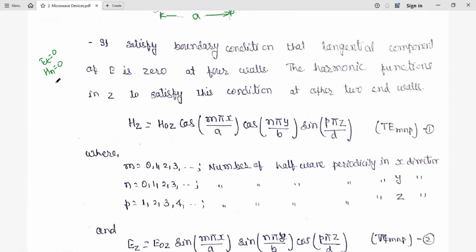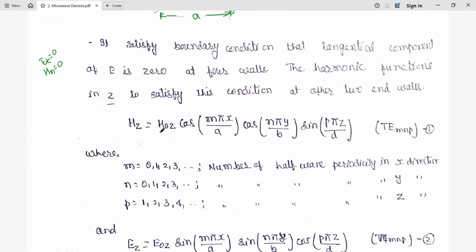A rectangular cavity has six surfaces, like a cuboid. So we have harmonic functions in the z direction that satisfy the condition at the other two end walls, the front and back ends.